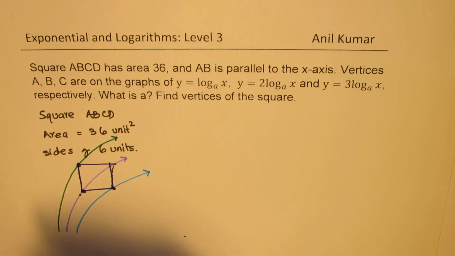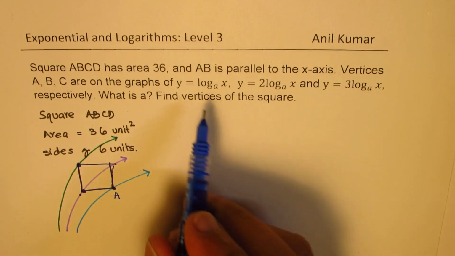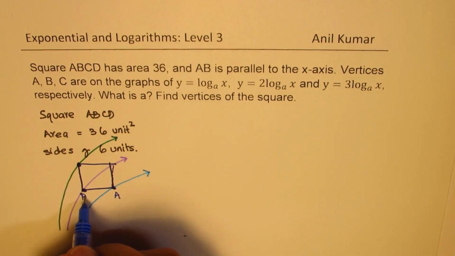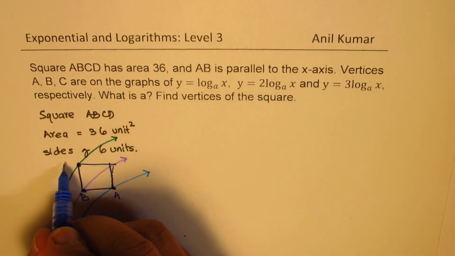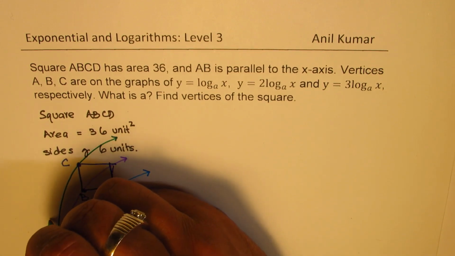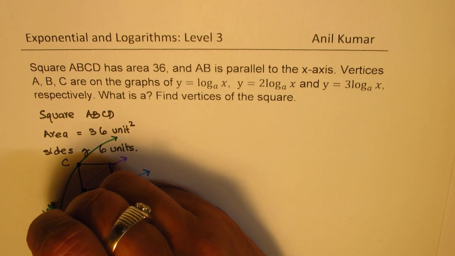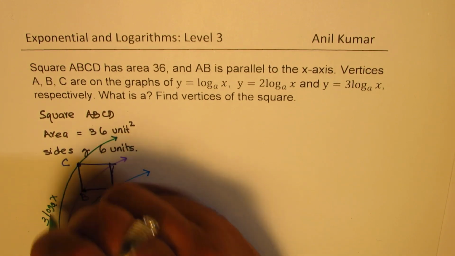In this square, the point A is on the graph of log to the base a of x, B is on 2 times log of x, and C is on 3 times log of x, correct? So let me rewrite. The first graph on the top here is 3 times log to the base a of x.